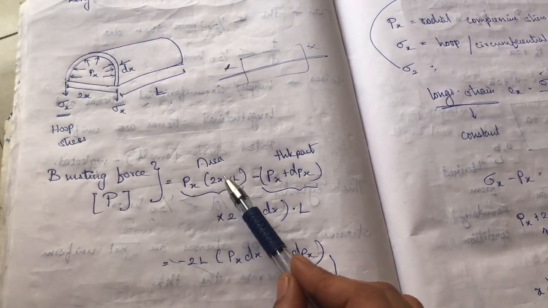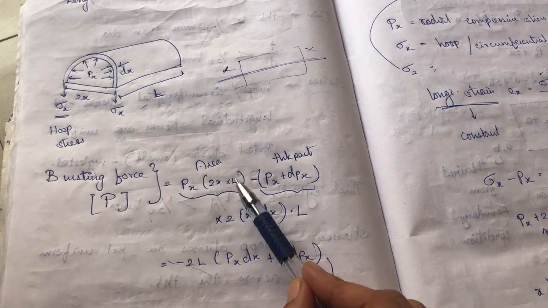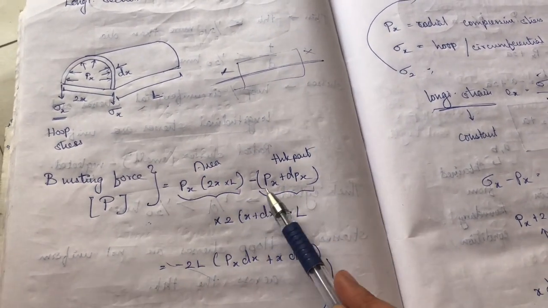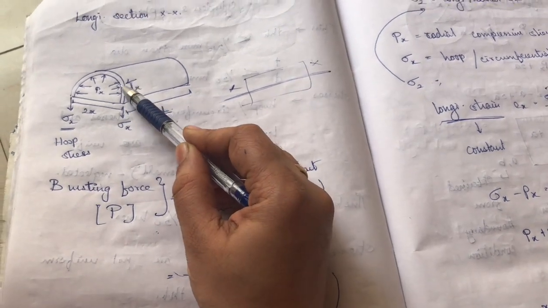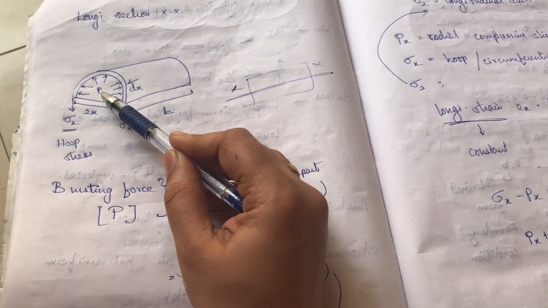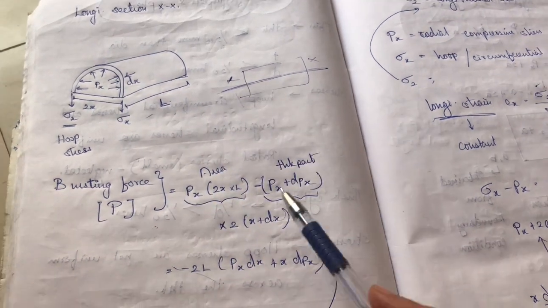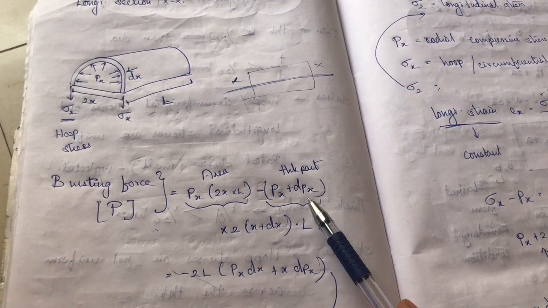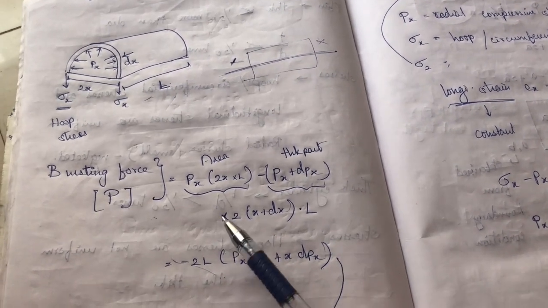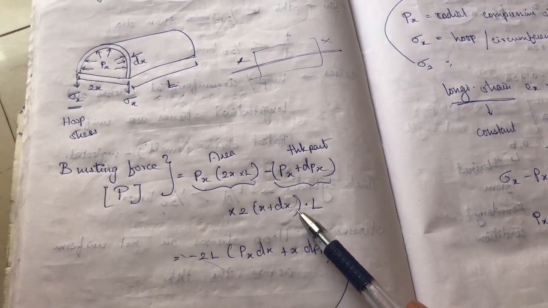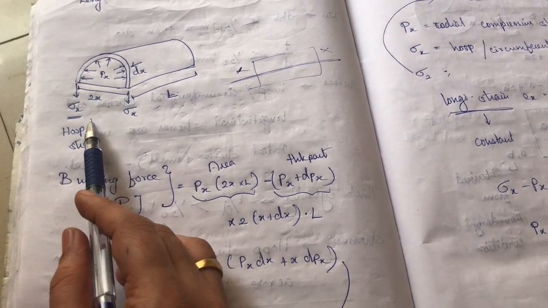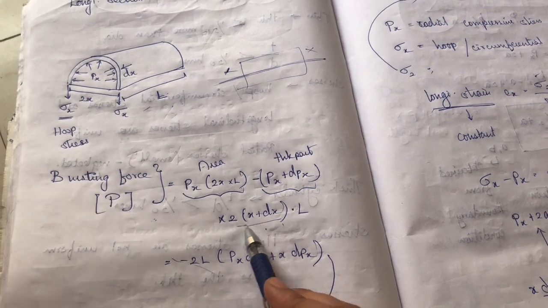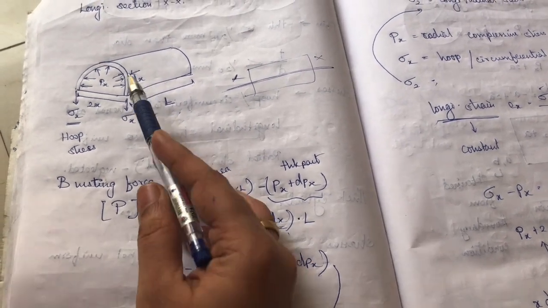So Px into 2x into L, minus the small thickness part: Px plus dPx, into 2 times x plus dx, because it is for the small distance of the thickness.